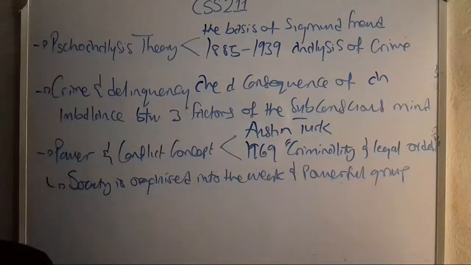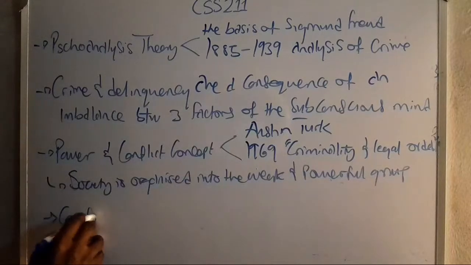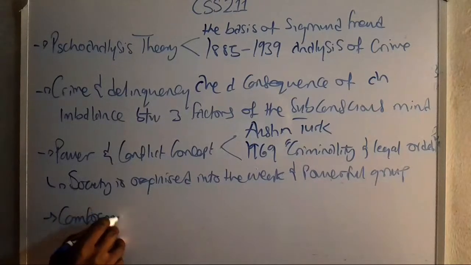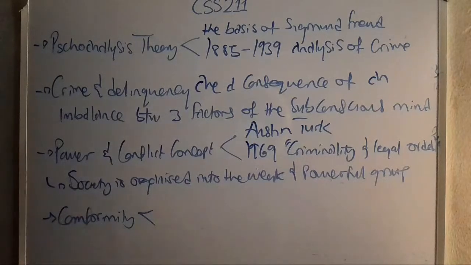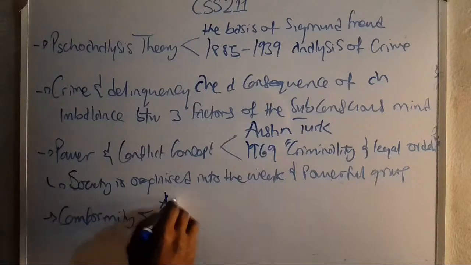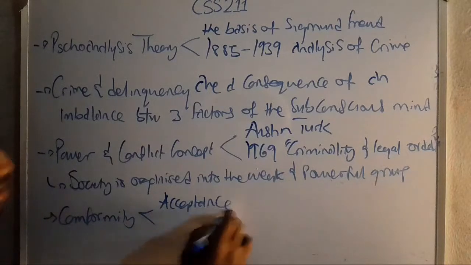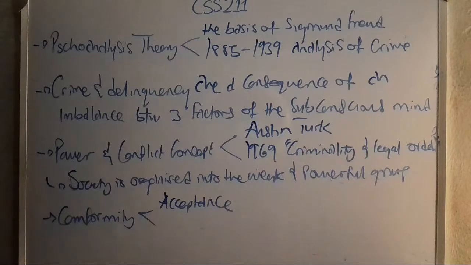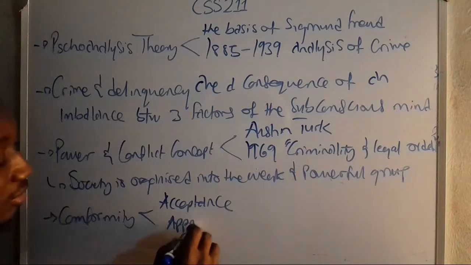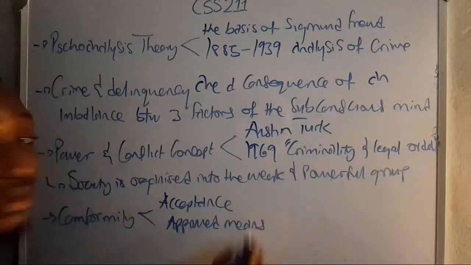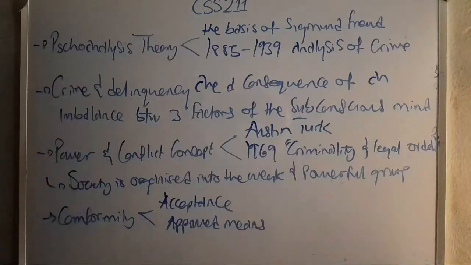Now, let's continue. We have something called conformity. Conformity refers to the acceptance of society's goals and the approved means for achieving the goals. Acceptance comes first, then approval.